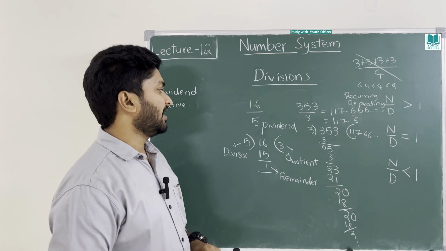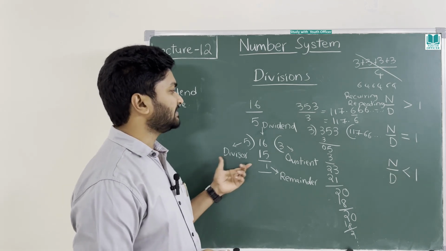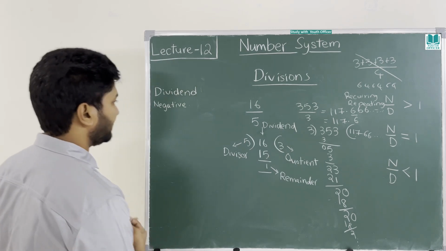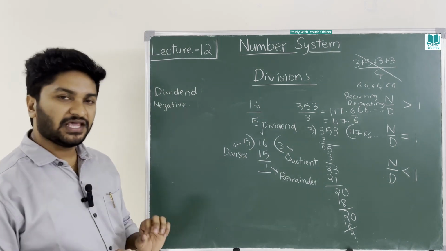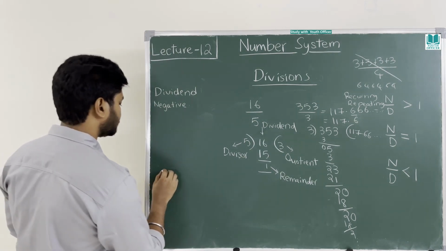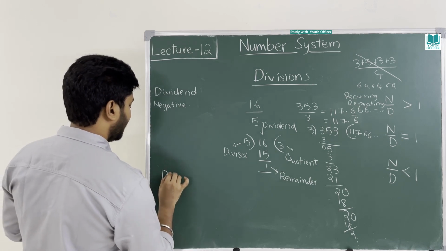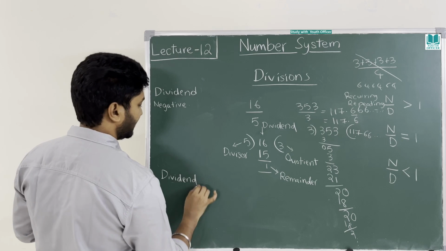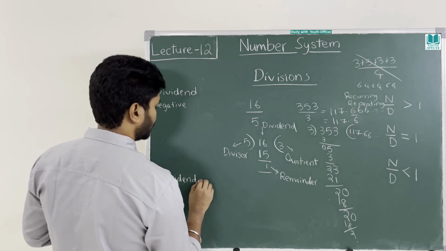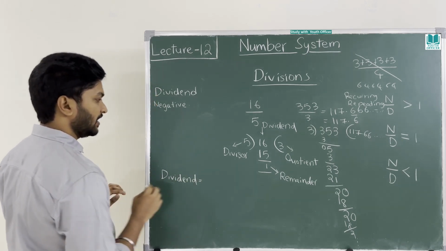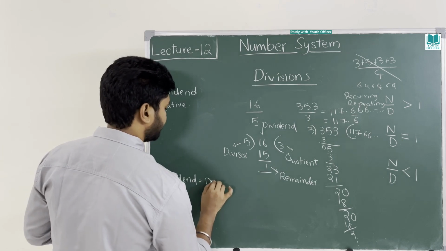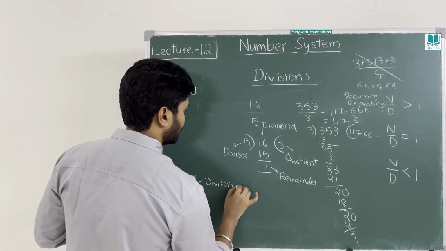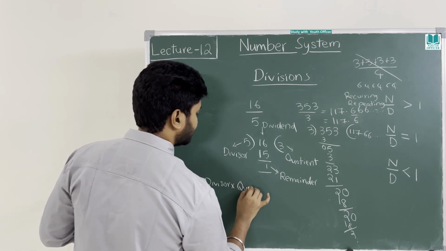Okay. Now, what is the relation between them? I'll give you a relation between them. Write it very carefully. Dividend equals divisor into quotient.